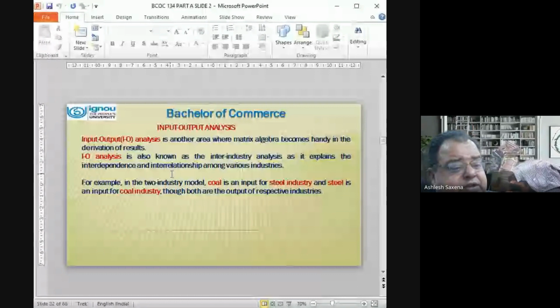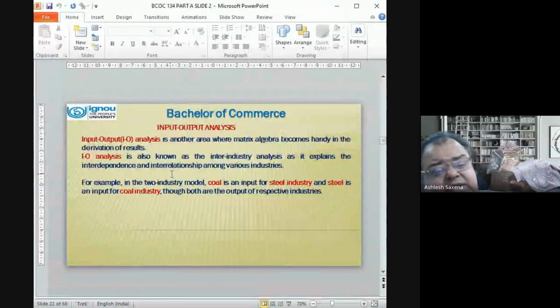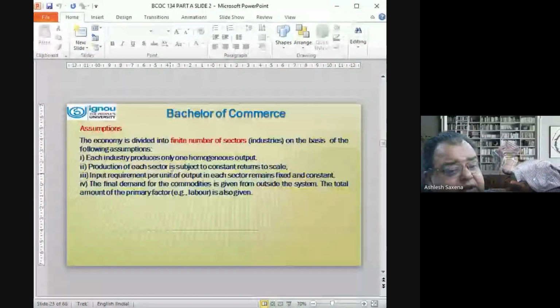IO analysis is also known as industry analysis, as it explains the interdependence and interrelationship among various industries. For example, in a two-industry model, coal is an output for the steel industry, though both are outputs of the respective industries.